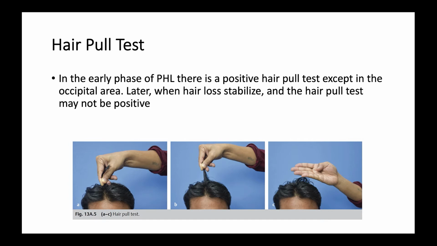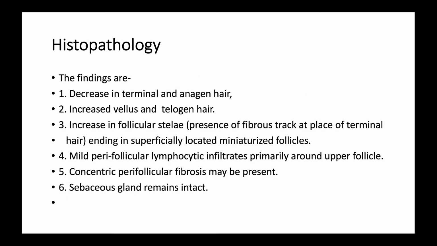Another important thing is hair pull test is negative in the occipital area in AGA. But if the patient is having diffuse unpatterned hair loss, which is called DUPA commonly, in that case, there can be a positive hair pull test in the occipital area.